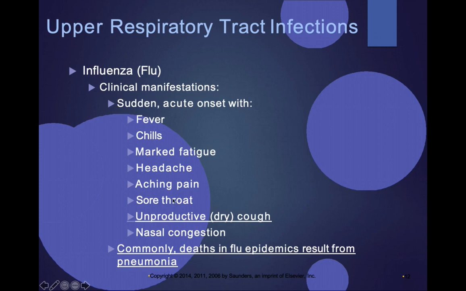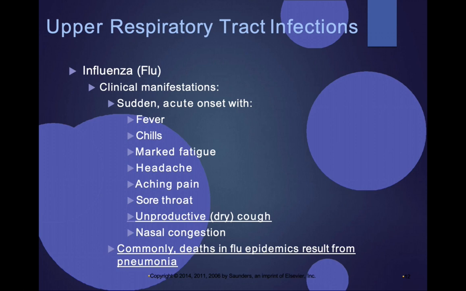They can get a headache, sore throat. And the key is there's not just nasal congestion, but there's a cough, but it's unproductive. An unproductive cough means it's non-purulent, it's dry, there's no exudate. Productive means you're coughing up junk and gook with it. Unproductive is just dry.